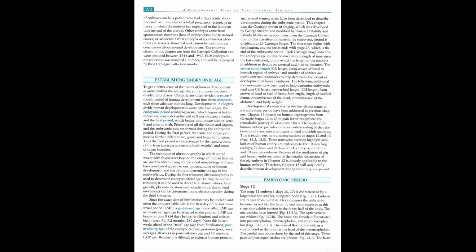Embryonic period. Stage 12. The stage 12 embryo, days 26, 27, is characterized by a large head and smaller, elongated body, Fig 13.1. Embryo size ranges from 3 to 5 mm. Flexion causes the embryo to become curved like the letter C, and many embryos at this stage also exhibit torsion in the lower half of the body.